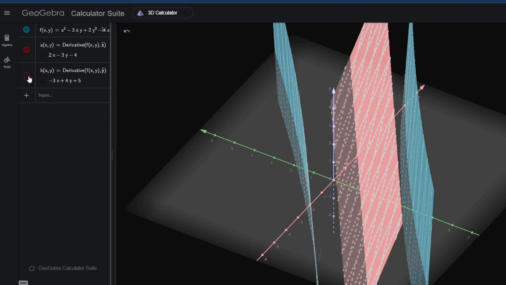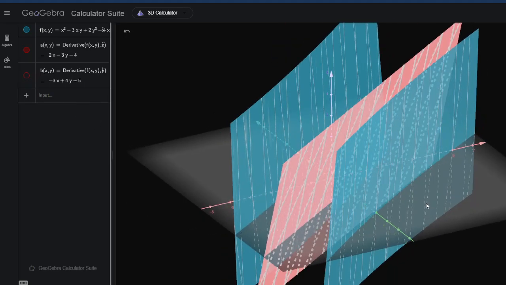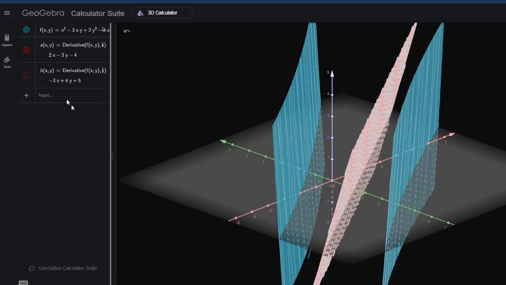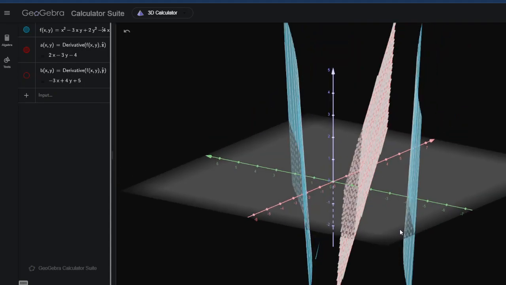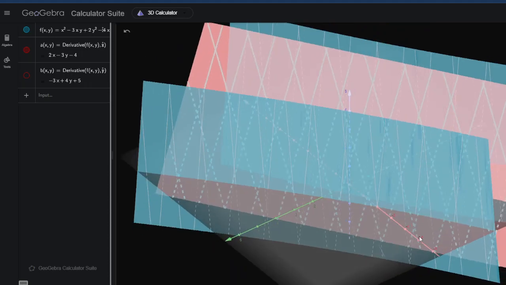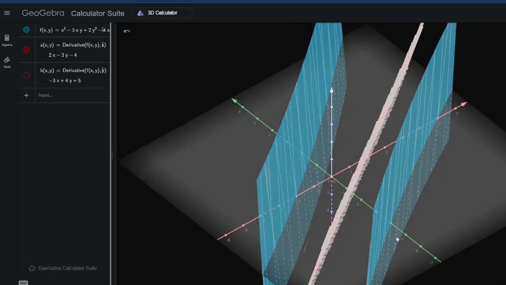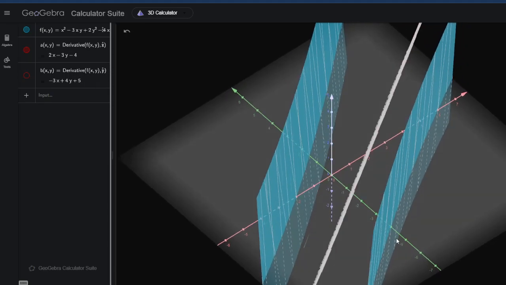So again, I'm sorry, I have this backwards, don't I? The red part is the derivative. The blue part is, I thought I had them both active, but yeah, that makes more sense. Now, the red part is perfectly flat. So that's why I was confused about why the derivative, which is a plane, was curved. But yeah, we can see the red part is pretty flat.